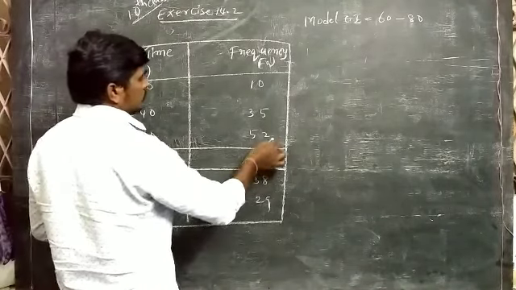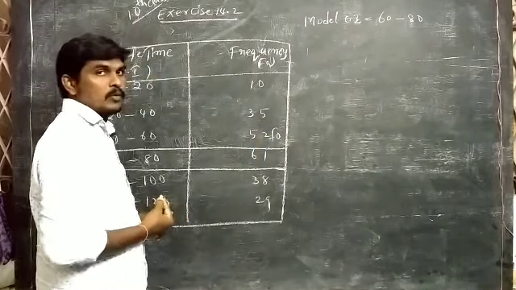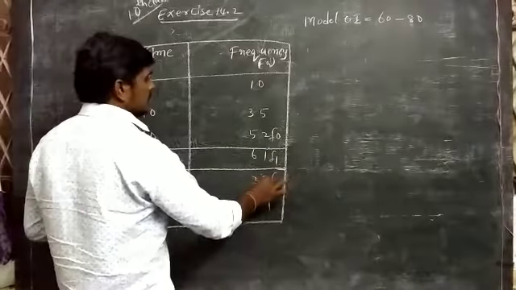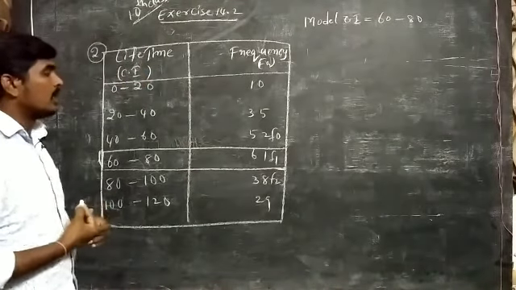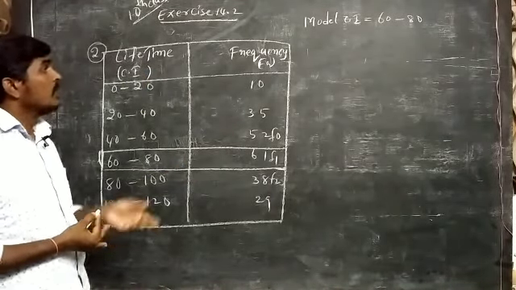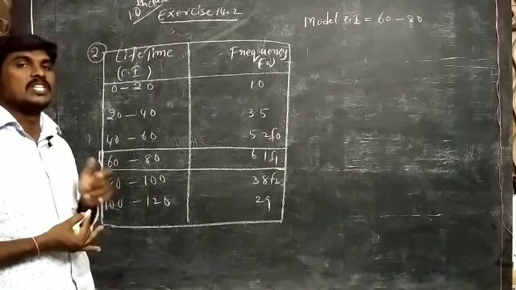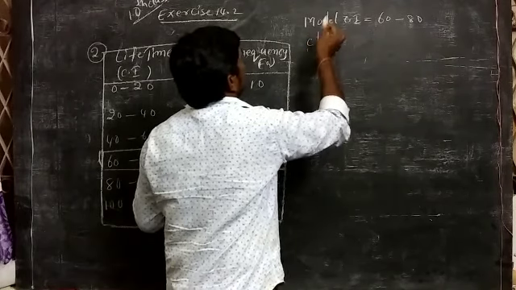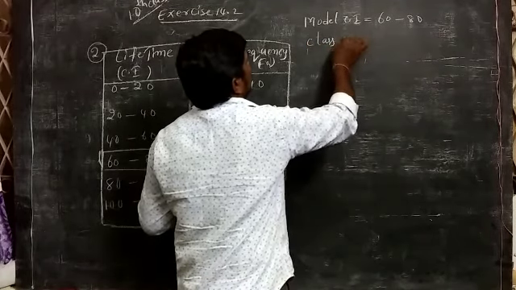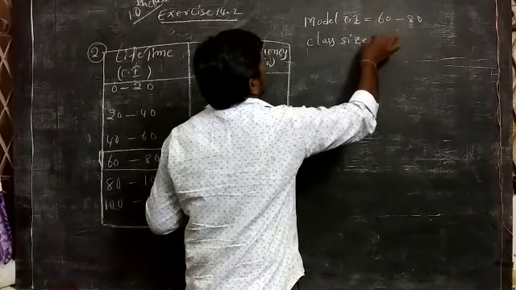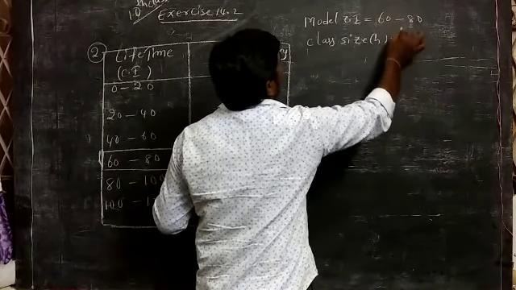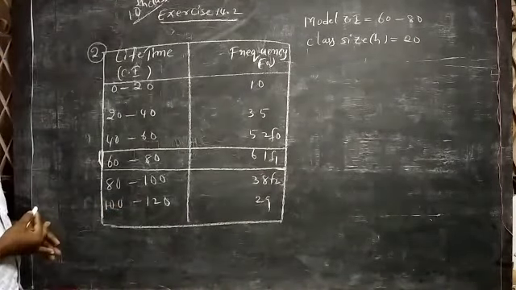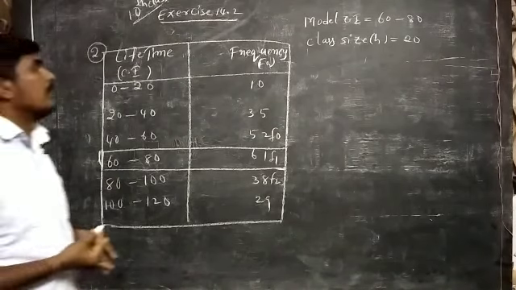This is the preceding frequency of the modal class interval. This is the frequency of the modal class interval, and this is the succeeding frequency of the modal class interval. And one more is the size of the class interval, the class size, represented here by h. How much is the class size? 80 minus 60, 20. After identification of all these, now we have to apply the formula.